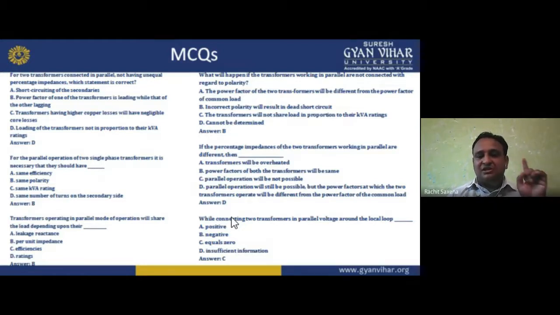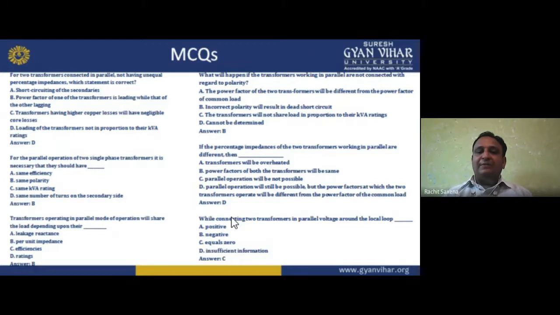For the parallel operation of two single phase transformers, it is necessary that they should have the same kVA rating? No: same polarity is necessary, but the same kVA rating is not. Transformers operating in parallel will share the load depending upon their per unit impedances. Option B.